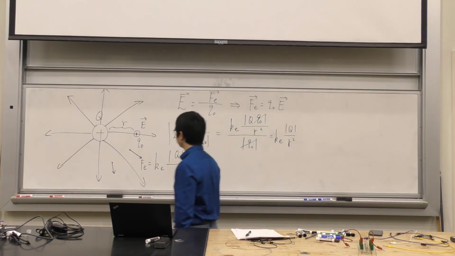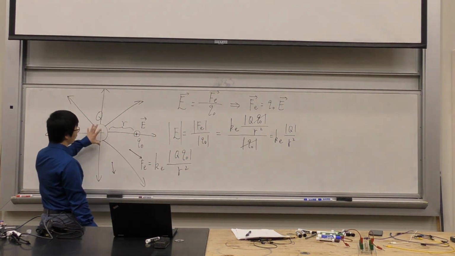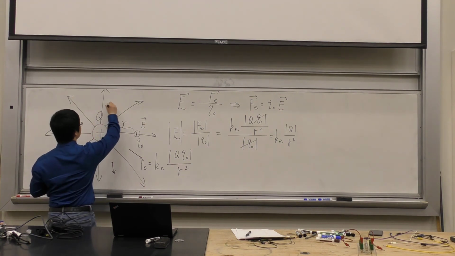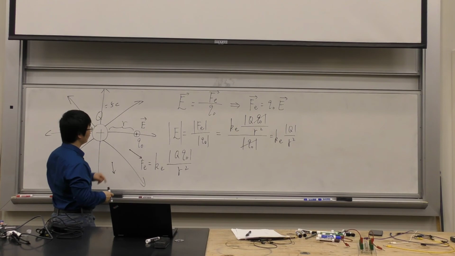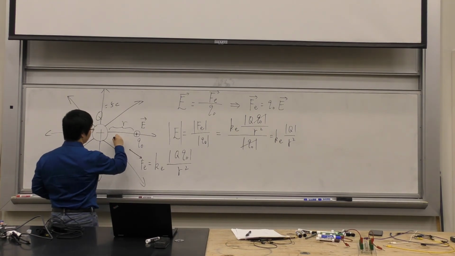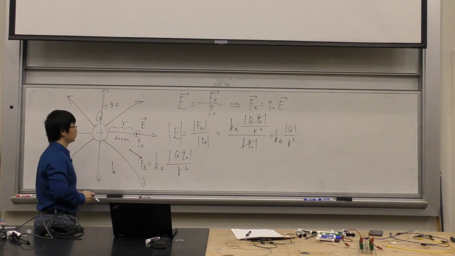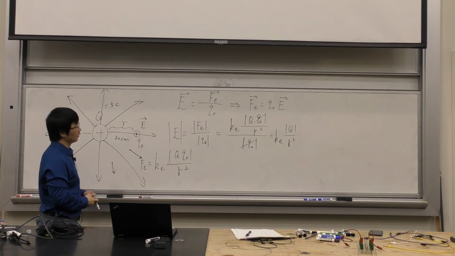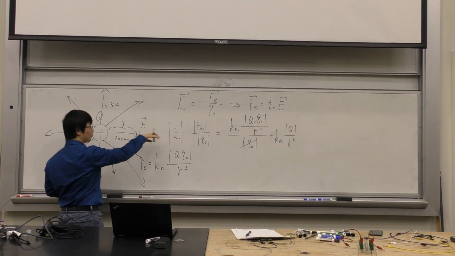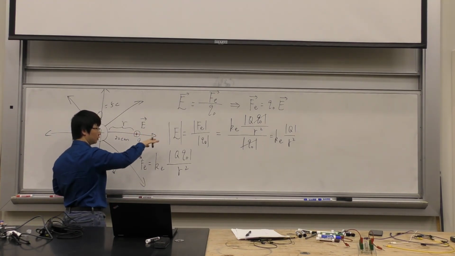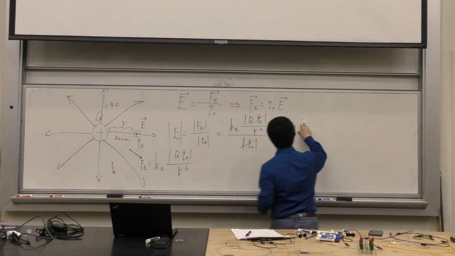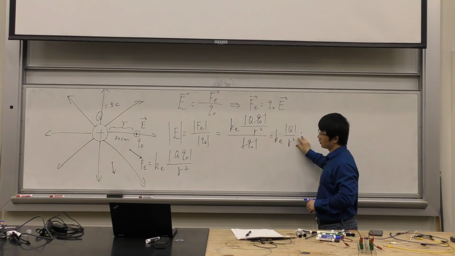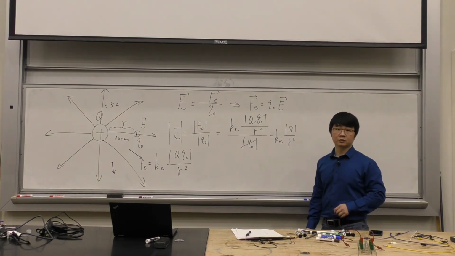For example, if you say I have a charge here, 5 coulombs, and I want you to calculate the electric field at this point, which is 20 centimeters from the source charge. Direction easy: away from, radially outward. Magnitude: plug this 5 coulombs in, plug this 20 centimeters in, and I can give you the number.